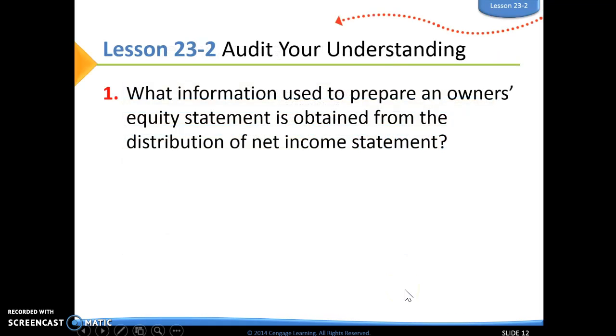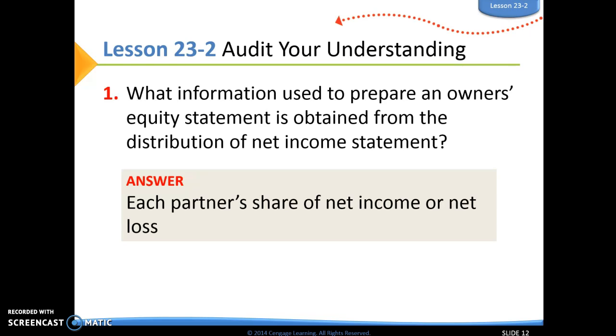So audit your understanding. Question number 1. What information used to prepare an owner's equity statement is obtained from the distribution of net income statement? Each partner's share of net income or a net loss.